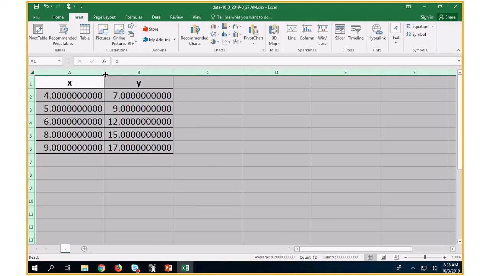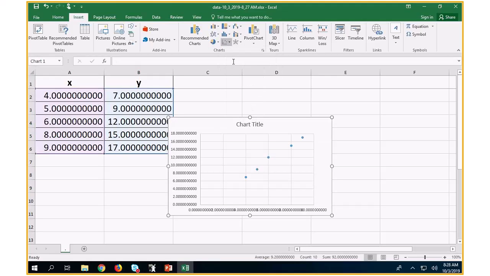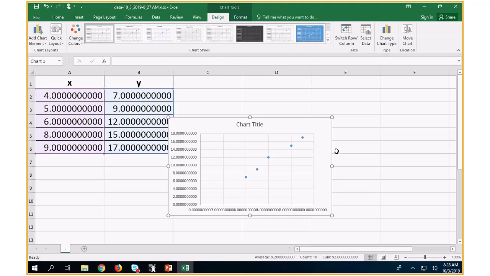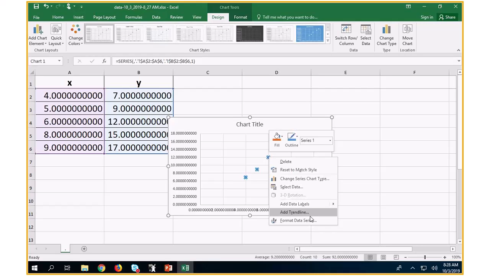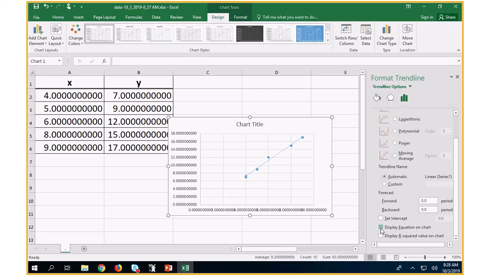Might make everything a little bit bigger, but all right, insert, and here is your graph. So you know it looks almost what? Linear. So now we're going to take our handy dandy right click, add trend line, go down to linear. Well, it's already set for linear.